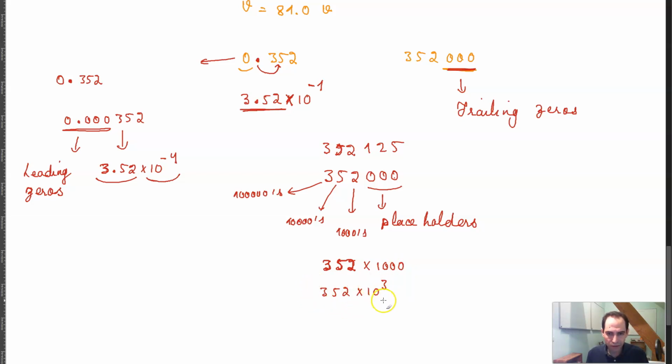And now this 10 raised to the power 3 is acting as the placeholder. But of course, when it comes to science, not particularly in electronics, people use milli, micro, kilo, and that sort of thing, but usually they don't specifically use the scientific notation unless somebody is doing very scientific work in electronics. Otherwise they don't do it.